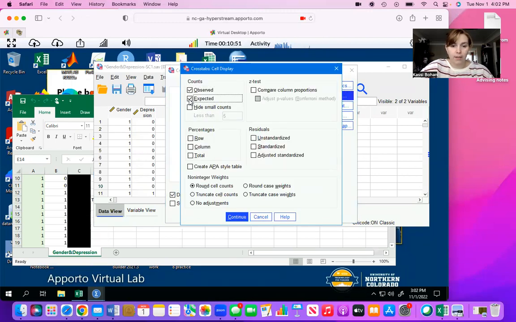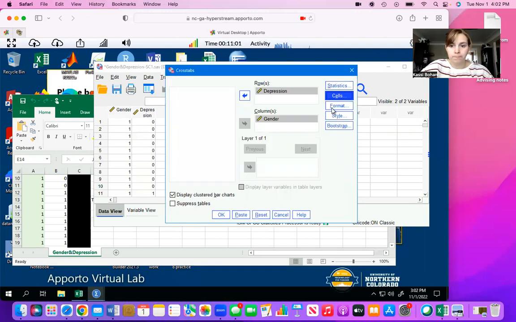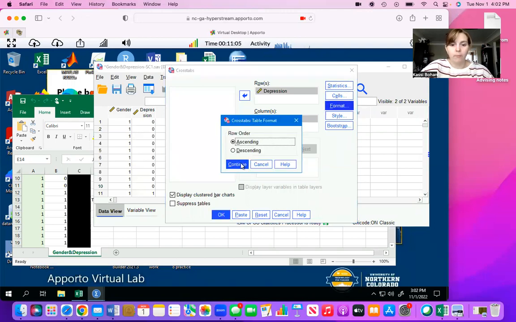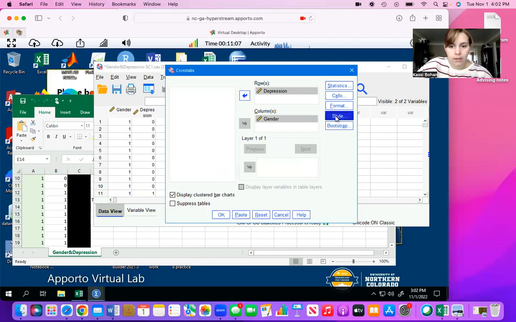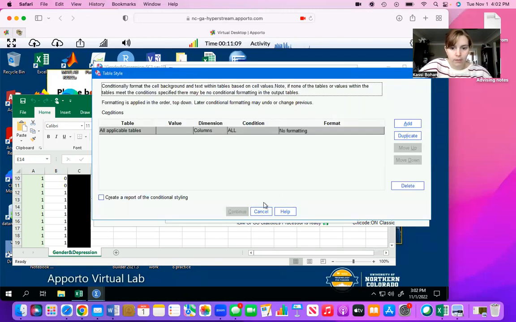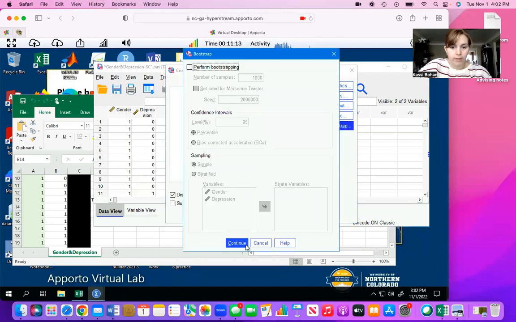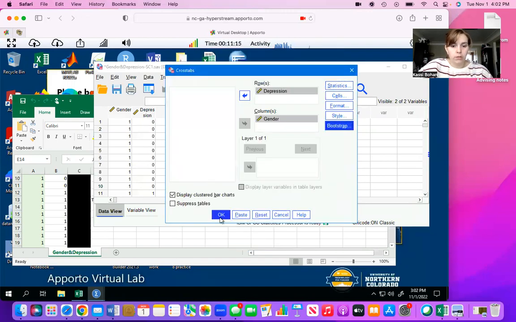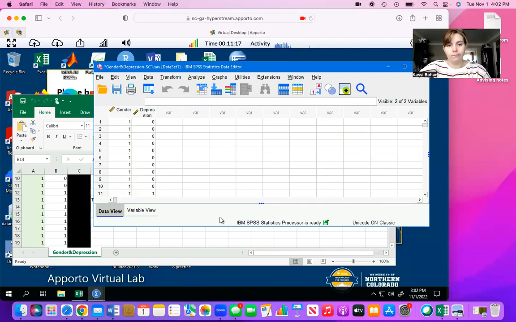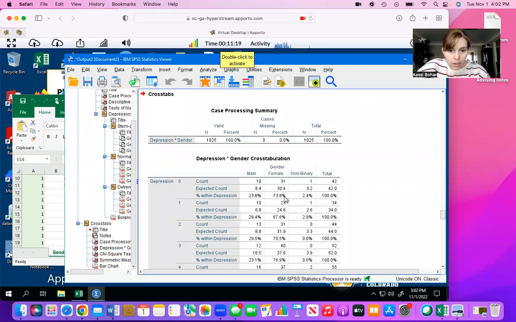I want the expected, and I want the percentage of rows, I believe. Okay. Format. I'm just going to check them just to be safe. We want ascending. Style, it doesn't matter. And bootstraps never applies so far. So, okay. Thank you for bearing with me.